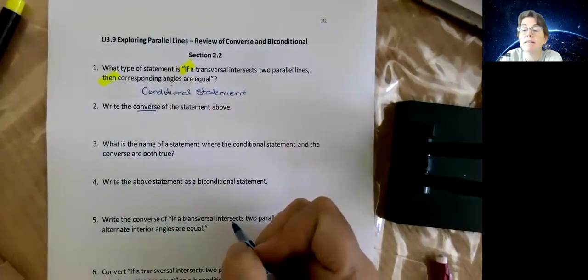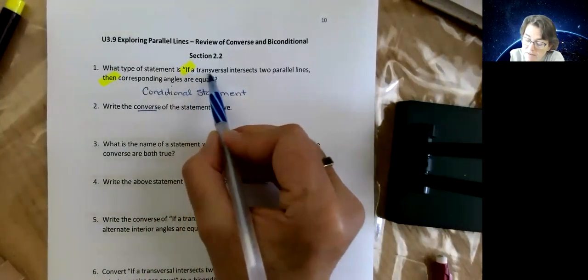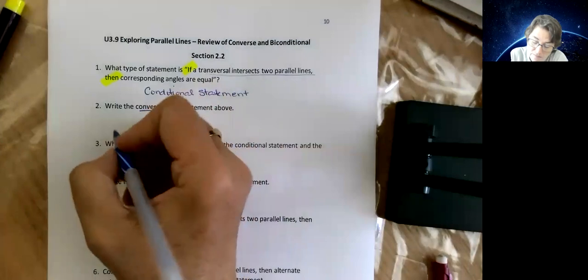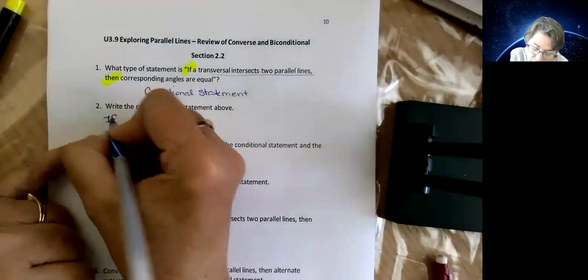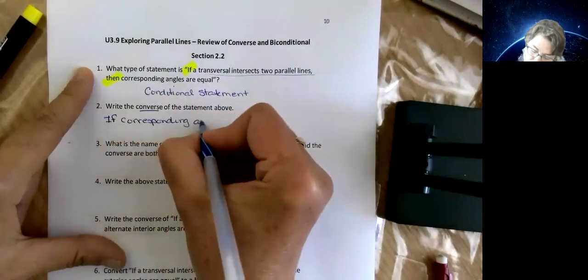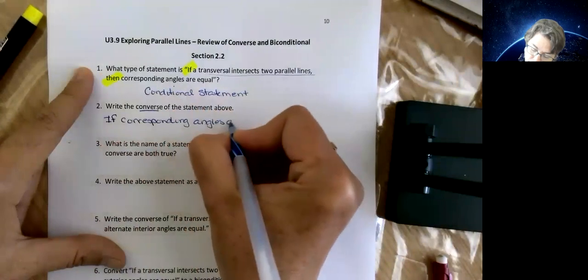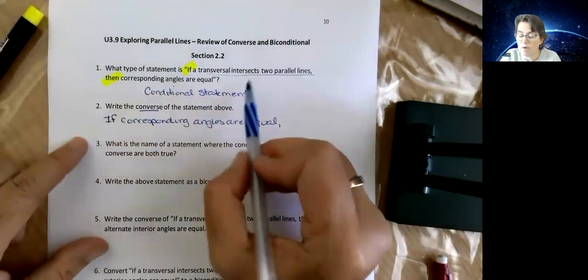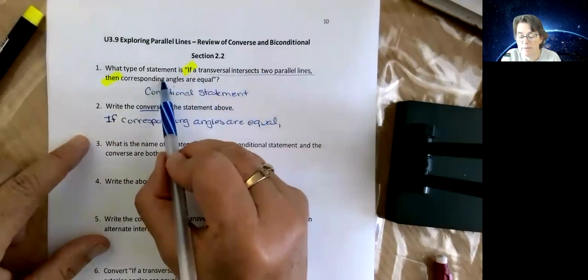Right, the converse. Now, if you remember, converse is you do the flip thing. So the first part, if the transversal intersects 2 parallel lines, ends up going at the back. So maybe it still starts how it starts out: corresponding angles are equal. So before, this was my hypothesis and this was my conclusion.